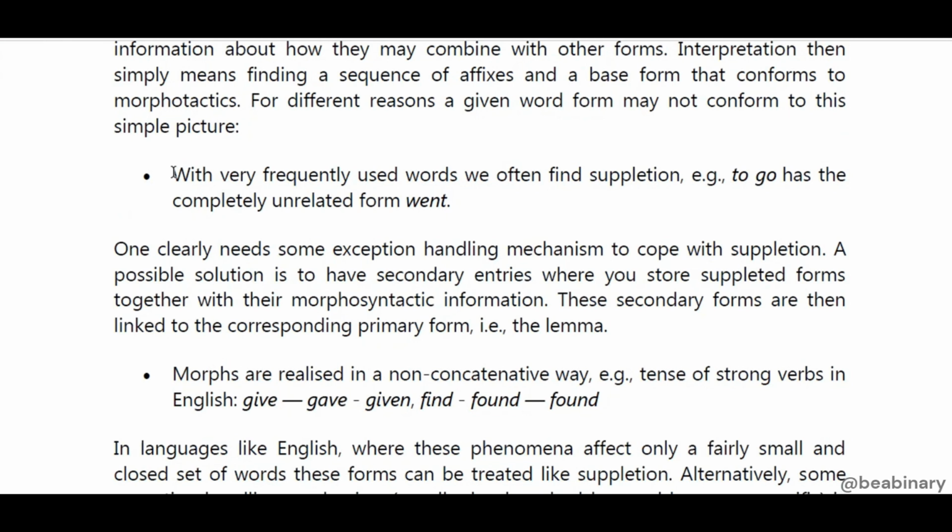Now see, with very frequently used words, we often find suppletion, that to go has a completely unrelated form of the verb.